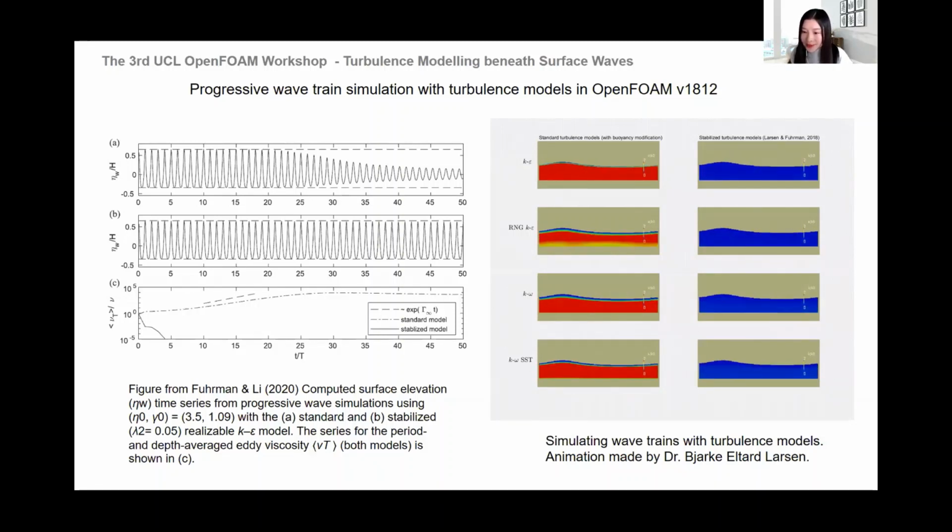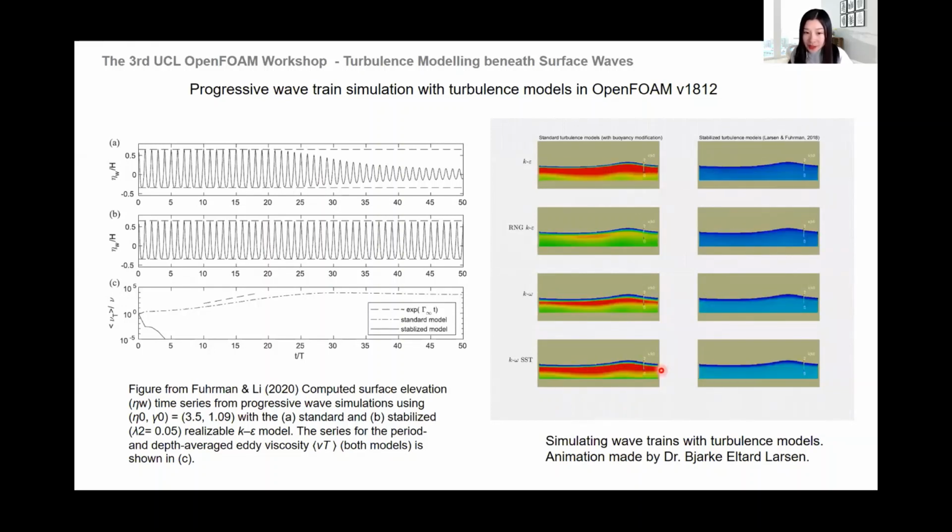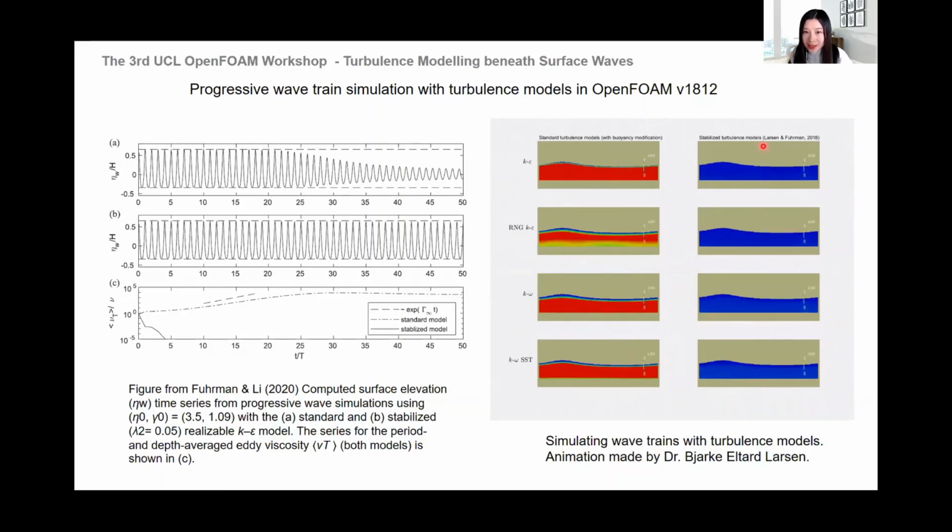And you can see on the left column, the standard model will cause the turbulence to grow beneath waves when the waves are propagating. The red color means the turbulence level is high, and the blue means the turbulence level is almost zero. So on the right column, you can see the stabilized model really improved a lot.